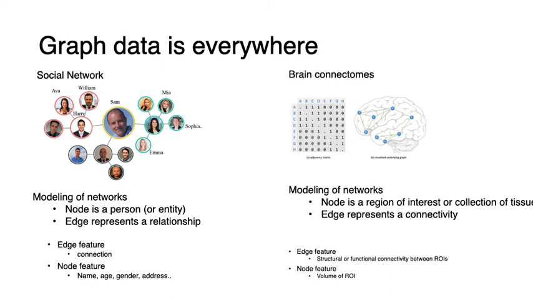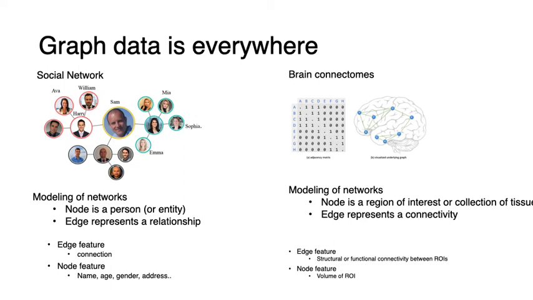Another example of graph data that is widely used is brain connectomes. Here we model the graph by using nodes as regions of interest, or collections of tissues of the brain, and edges represent the connectivity between those regions of interest.